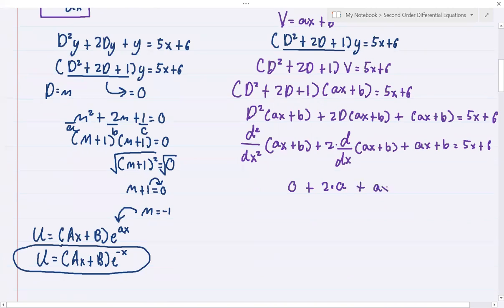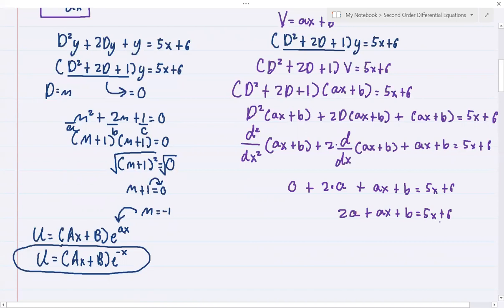Then copy the rest of the terms. So let's continue simplifying. We will have 2a plus ax plus b is equal to 5x plus 6. So now, this is already simplified.